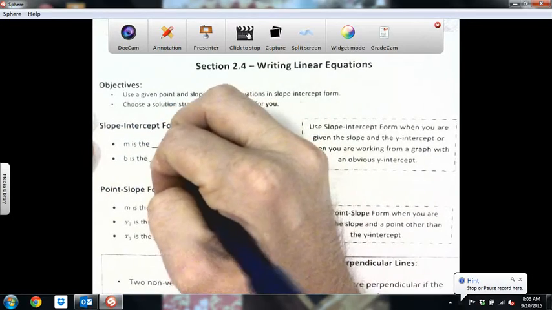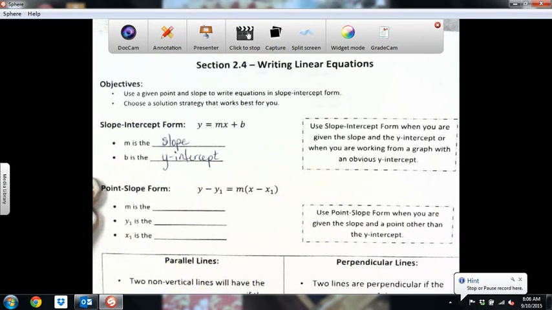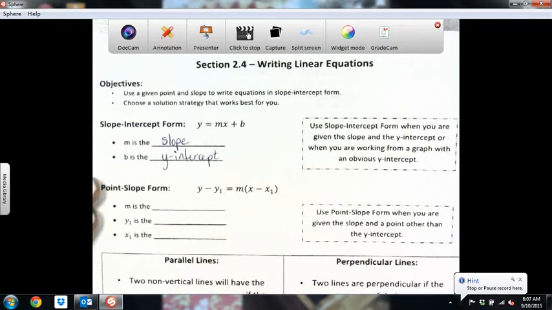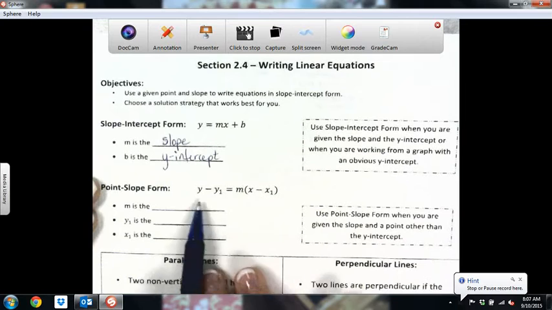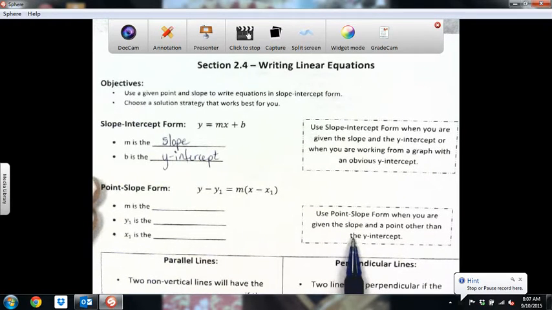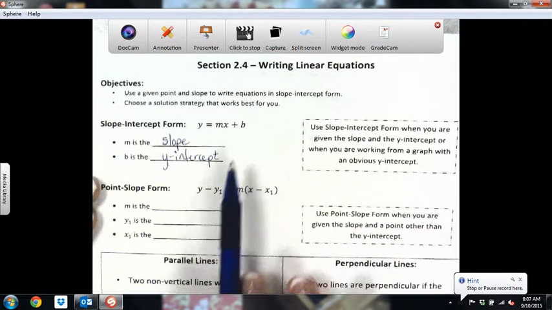The one that you may not be quite as familiar with is point-slope form, but this is something that tends to be very useful if you take the time to learn this particular formula. Point-slope form is really helpful when you know what slope you're using and any other point. It makes it very easy to rearrange your equation without having to find the y-intercept directly.